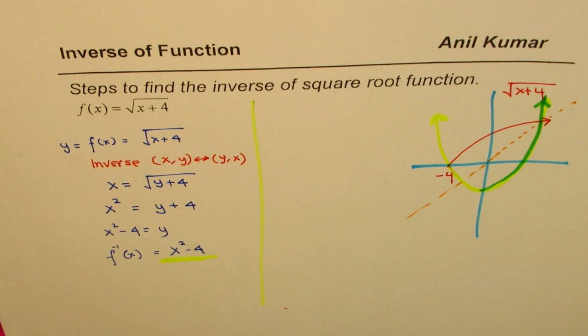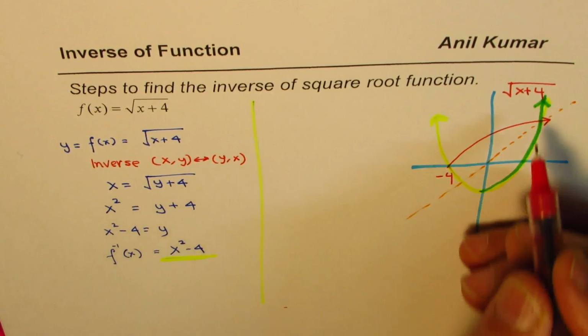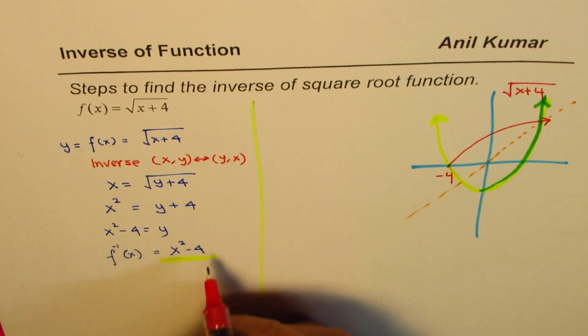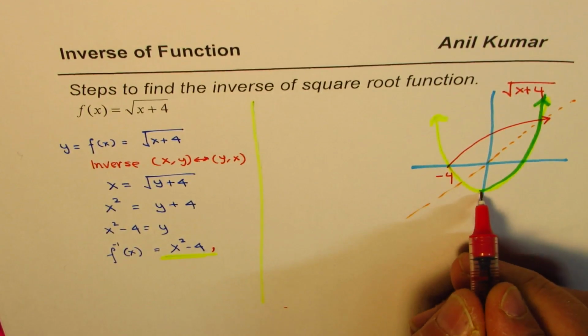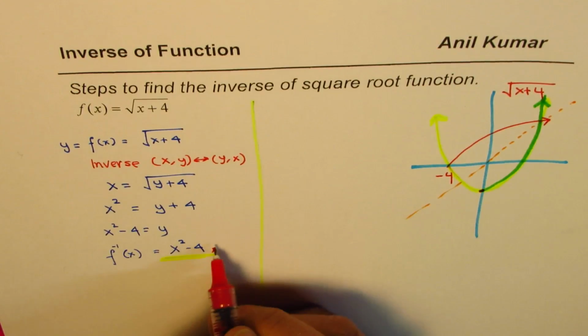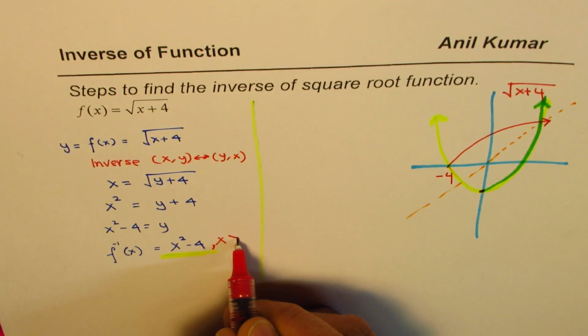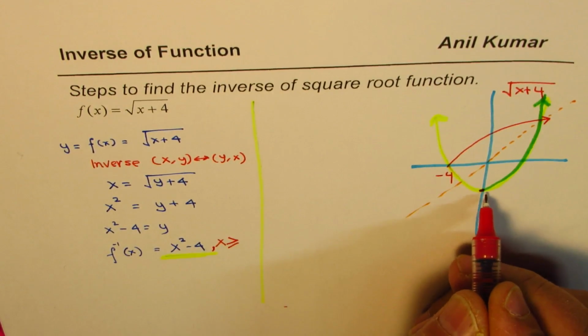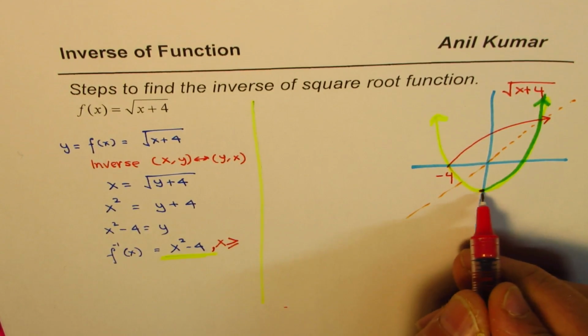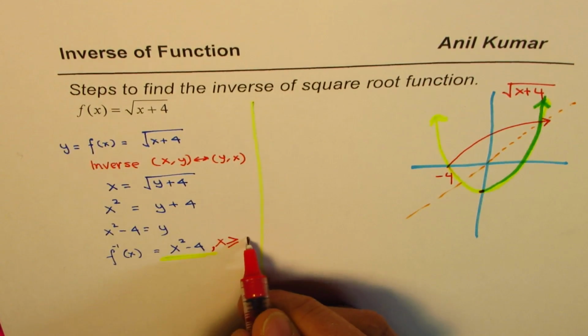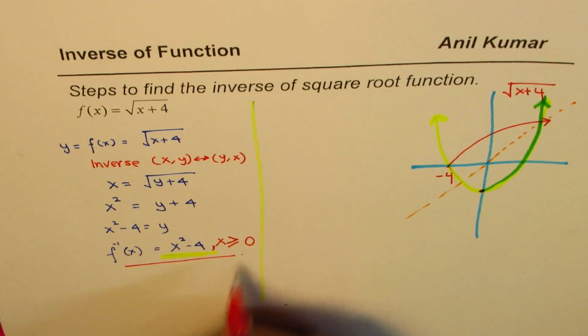Do you see that? So I have to make a change here. How can I get this solution? I can get this solution if I restrict my domain x to be greater than or equal to 0. Only this side, not that side. That becomes the correct solution.